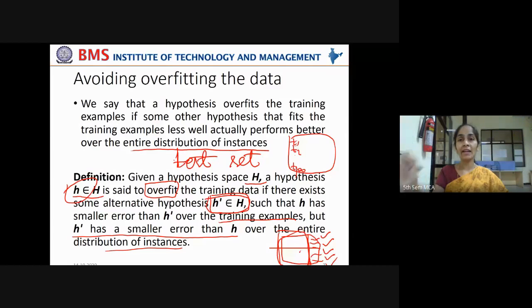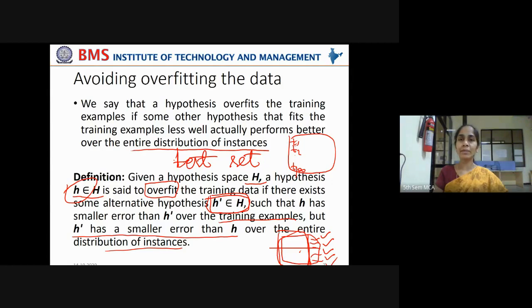Means over the unseen data, over the test data, H dash is performing better than H. Then we say H dash is a good fit and H is overfit to the data set that is given. Right? This is the definition of overfitting.